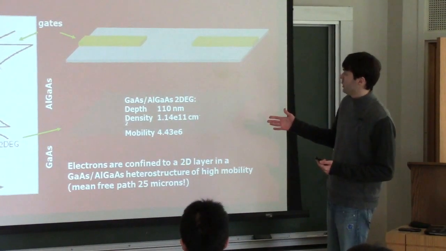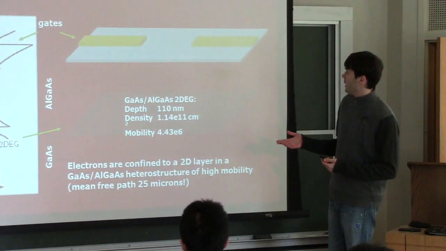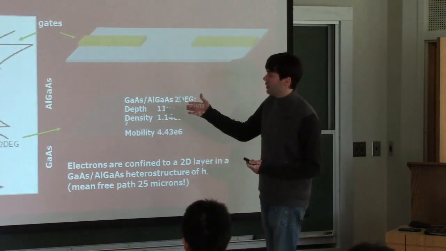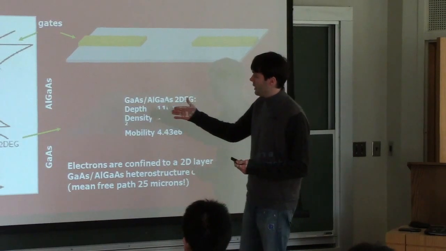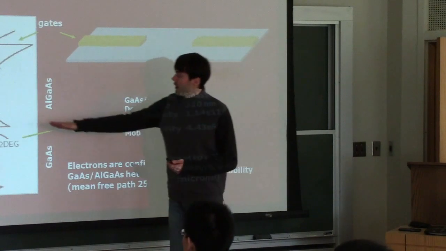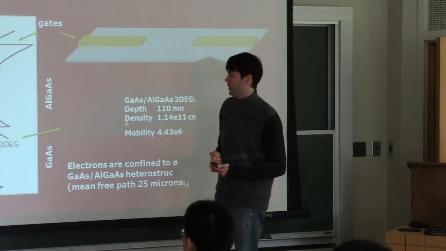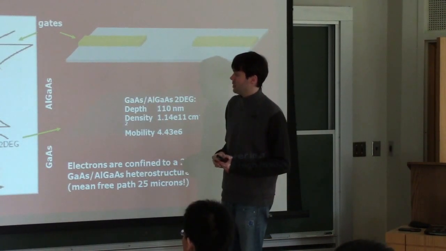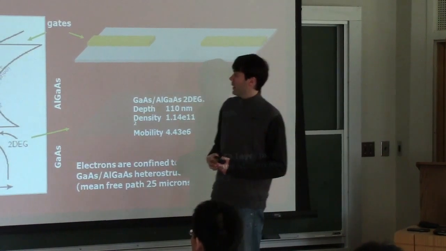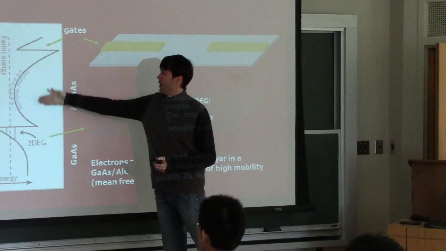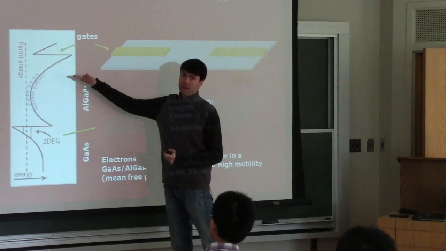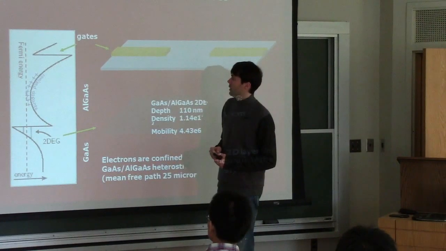We considered two-dimensional electron gases. These are, once again, formed at the interface of gallium arsenide and aluminum gallium arsenide, where this triangular trapping potential for electrons is created at the interface in the conduction band. And the electrons are induced by these ionized dopants, which are spatially separated from the electrons.